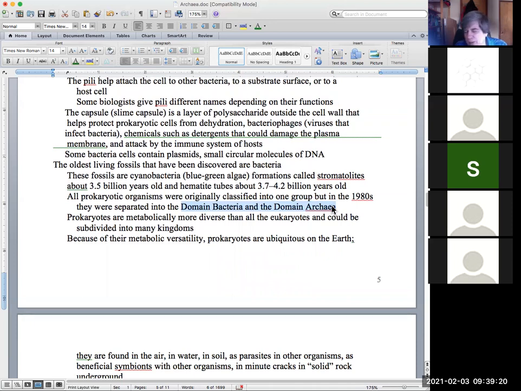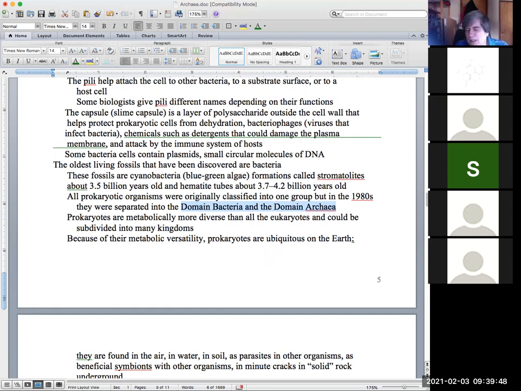And at that point, it was recognized that archaea were so different, they shouldn't be grouped with regular bacteria. And in fact, today, the evidence suggests that archaea, even though they have prokaryotic cells, are more closely related to eukaryotes than they are to bacteria. So we'll see what we mean by that later.